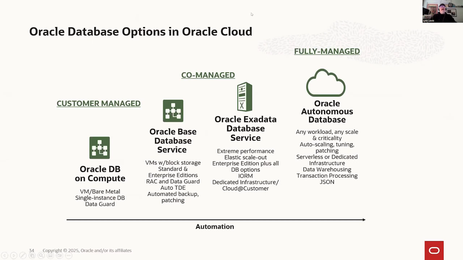So what are the options we provide? This is for Oracle database only. We are Oracle. We have a whole methodology of putting Oracle's data system out there for you. You can just bring your license and put it on either a bare metal system or a database, and you can get Data Guard and you've got it, right?